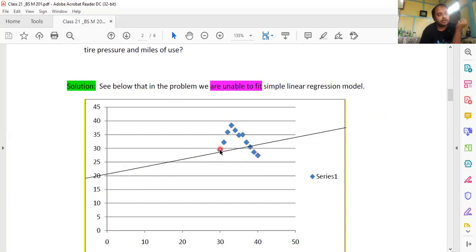If you drop a perpendicular from these points to the straight line, this perpendicular will give you the difference of the actual value that y should take and the observed value that y is taking.